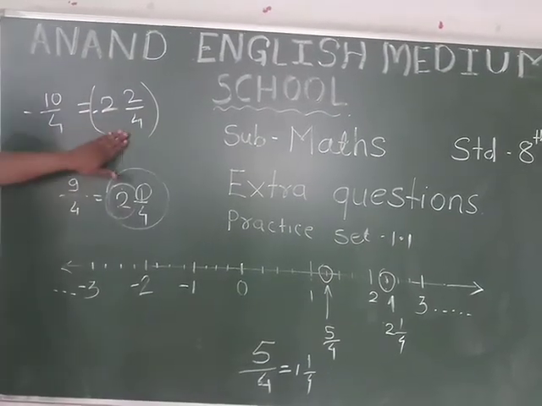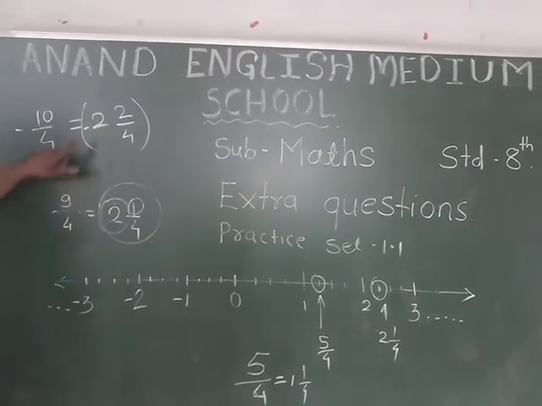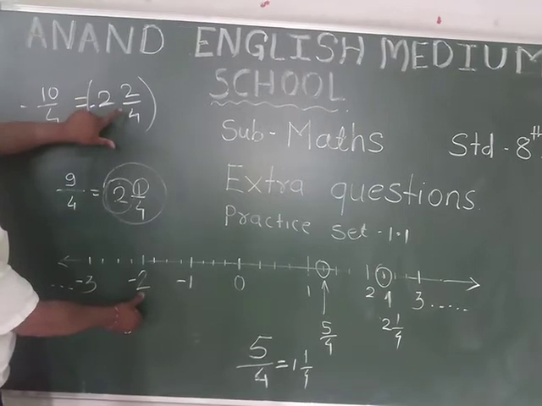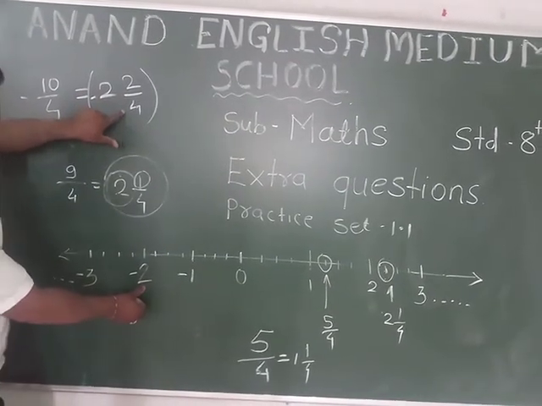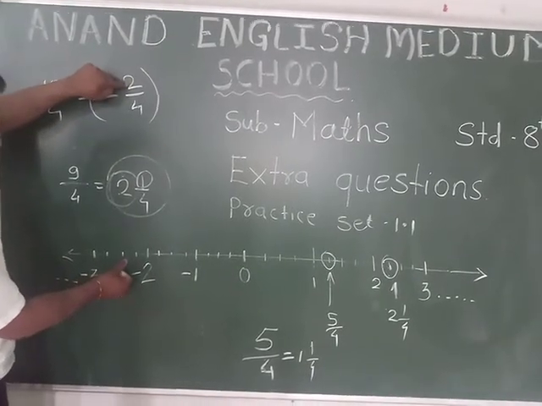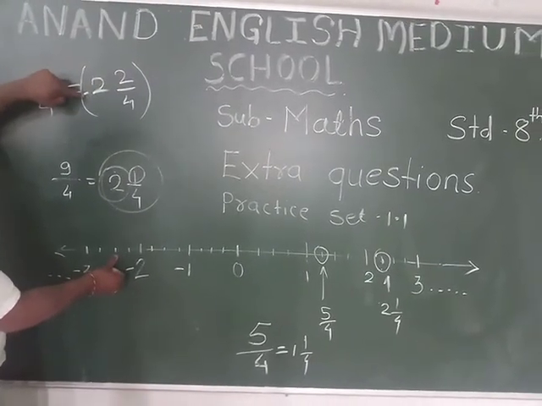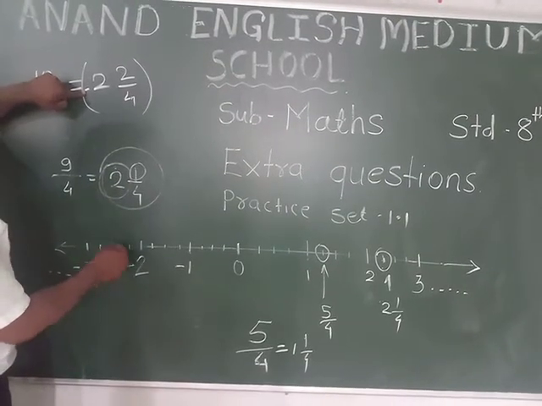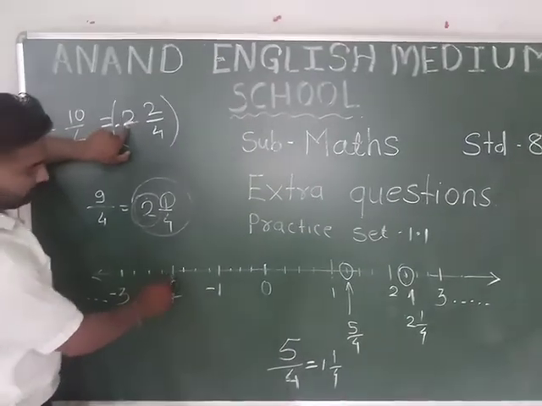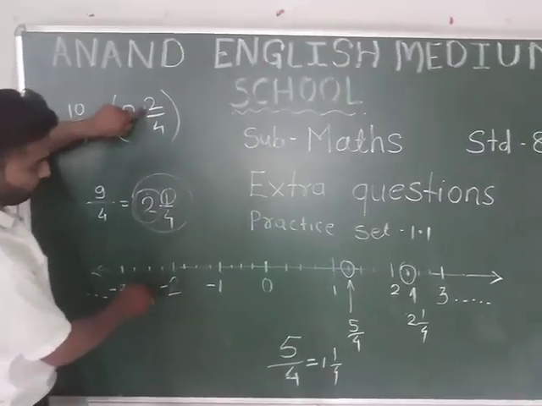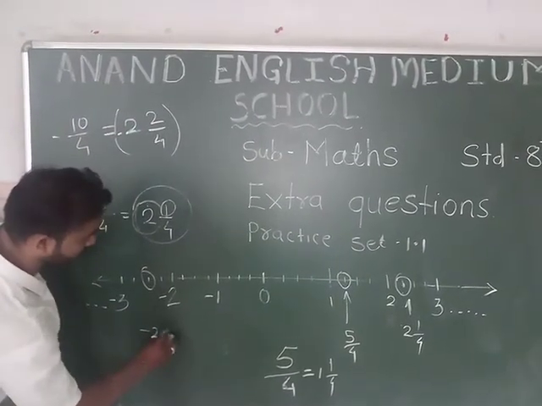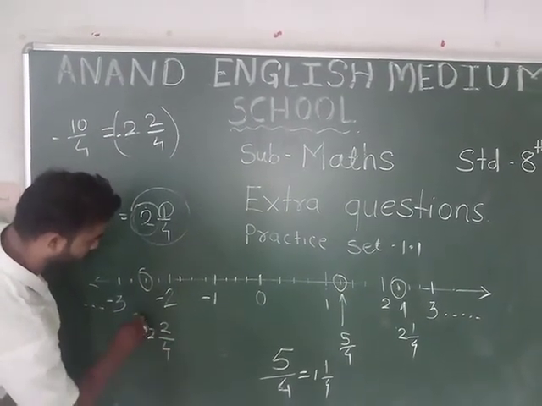How is this number plotted on the number line? First of all, where is minus 2? Here. After that 2 upon 4. Here minus 2 has completed. After that 2 points, 1 and 2. And this will be minus, that's why we plot from the negative side. After that 2 points, 1 and 2, and here is our point, minus 2 integer 2 upon 4.